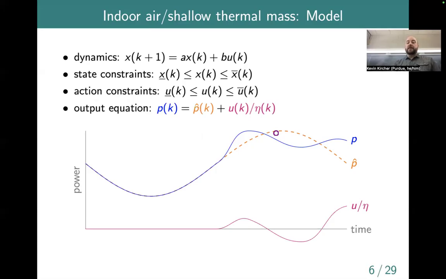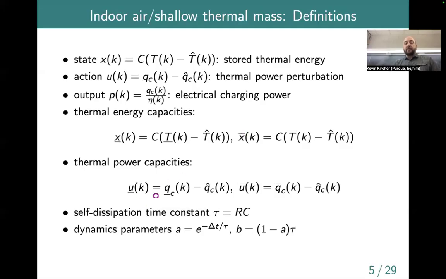So if you want the absolute value rather than a perturbation, if you want the height of the blue curve, then that would not be U. You'd add the nominal to U. So if you wanted QC, the actual amount of heat delivered to the space, you would take the heat perturbation and add it to the baseline Q hat. And that would give the actual kW coming off of the radiators in the back of the room. Does that make sense? Ish?